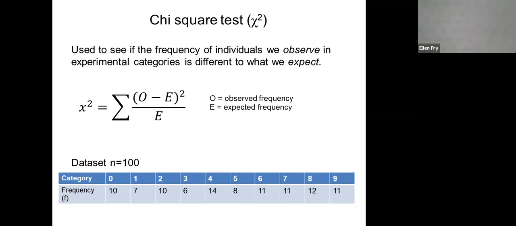So we have 10 categories, we have 100 data points. But you may be wondering how we calculate the expected frequency. The frequency I have displayed here is the observed, which are our collected data. We need to know the expected frequency.